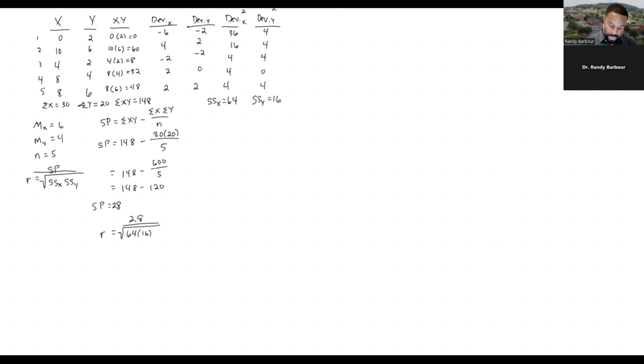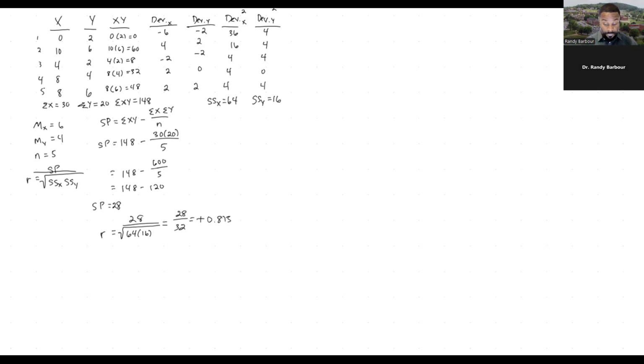So that'll be 28 divided by 32, which equals positive 0.875.